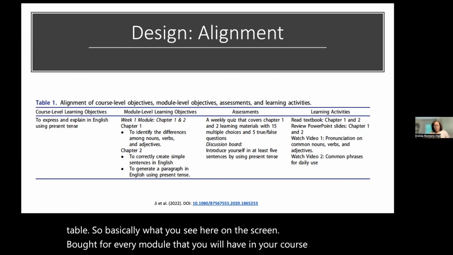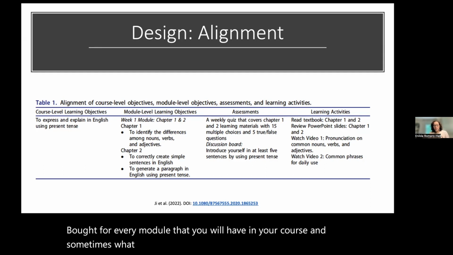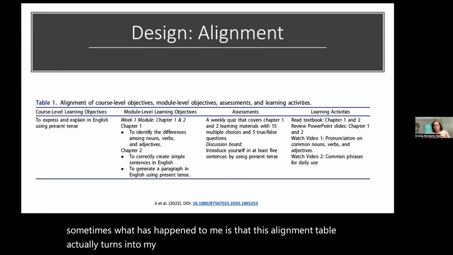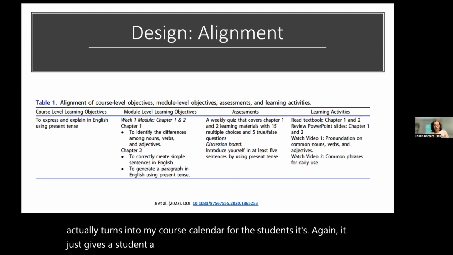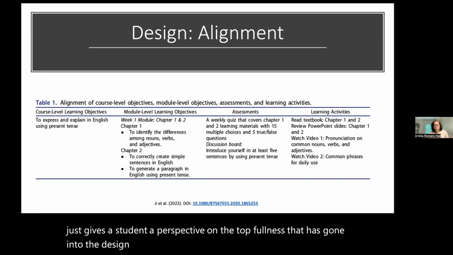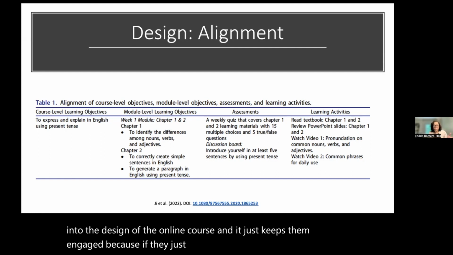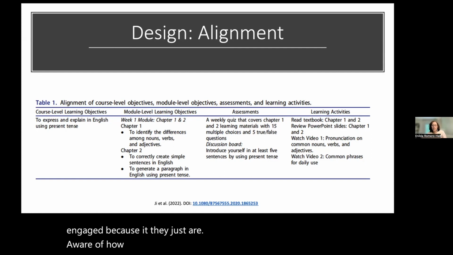And sometimes what has happened to me is that this alignment table actually turns into my course calendar for the students. It just gives a student a perspective on the thoughtfulness that has gone into the design of the online course, and it just keeps them engaged, because they are aware of how everything is connected with one another.